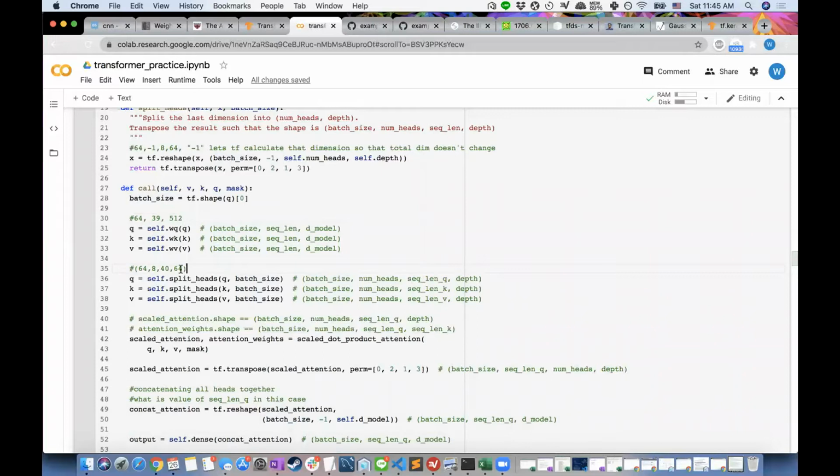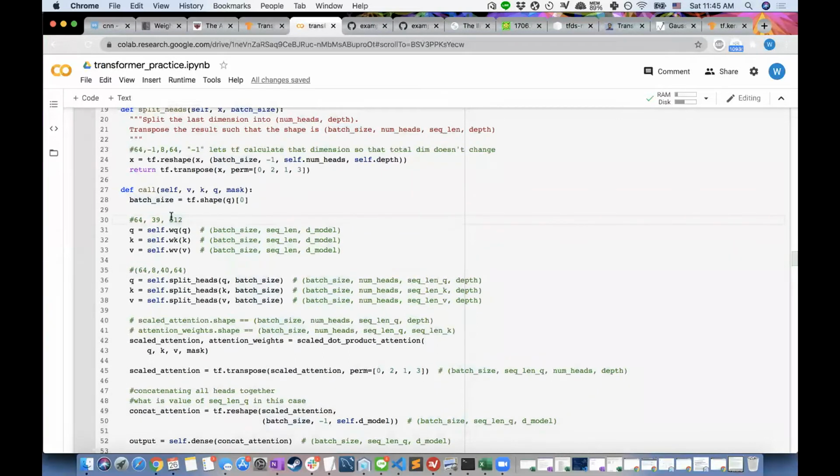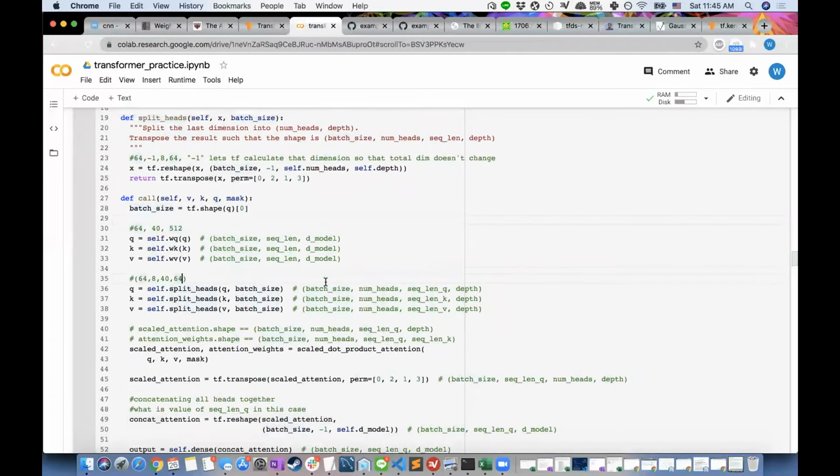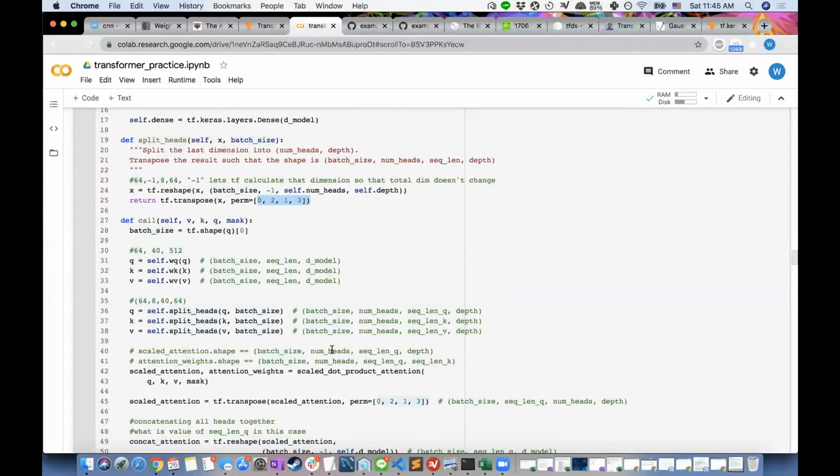Then you basically split that into 64 and 8. Okay, 64 here, 512 and 64 and 8. Okay, and remember we did the transpose.